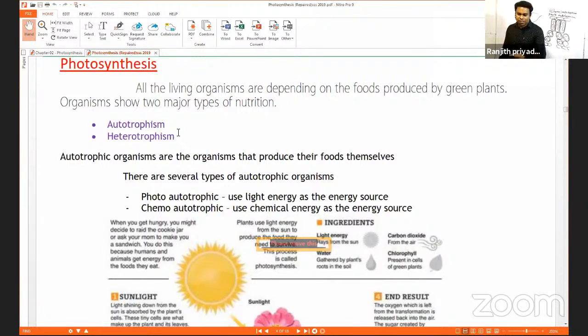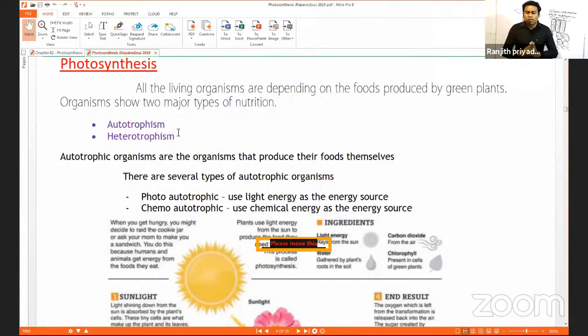Okay, we are going to do a certain correction here. Here we have used in the tute "produced by green plants." No matter, that's correct. But you have to know there are other types of organisms involved in this process.